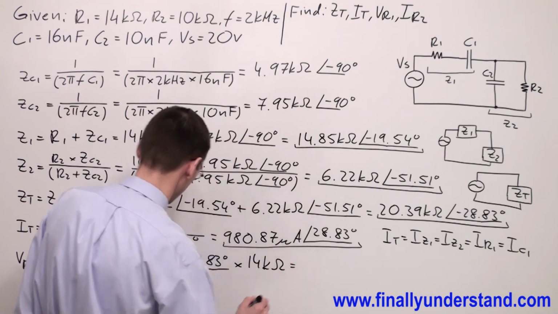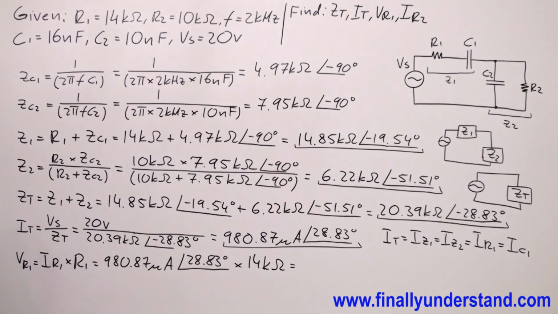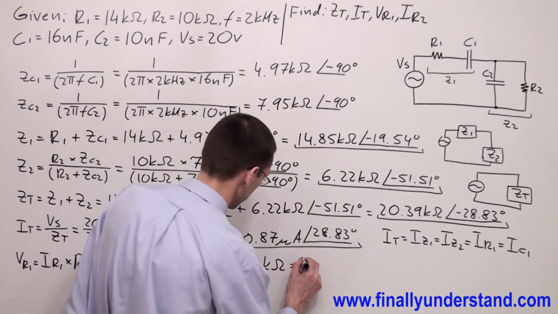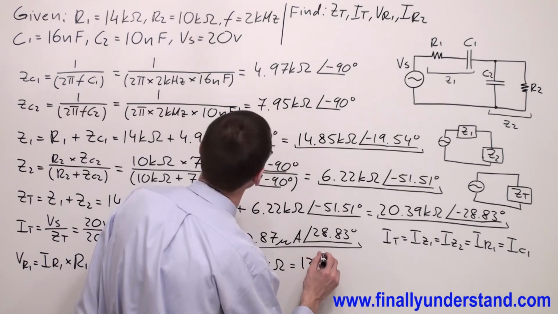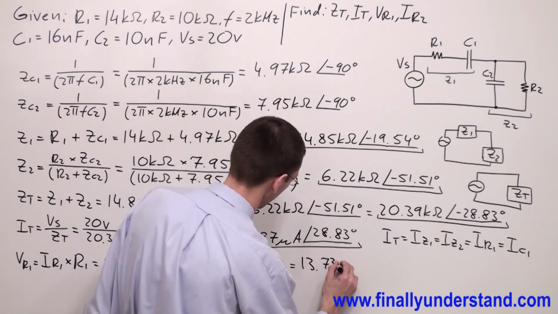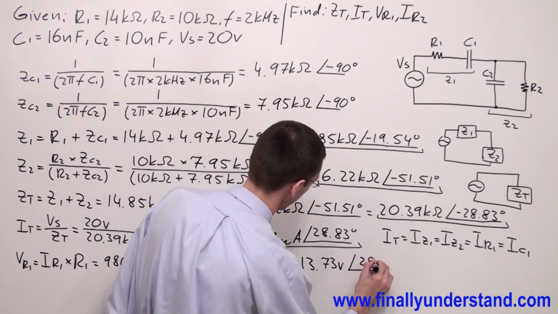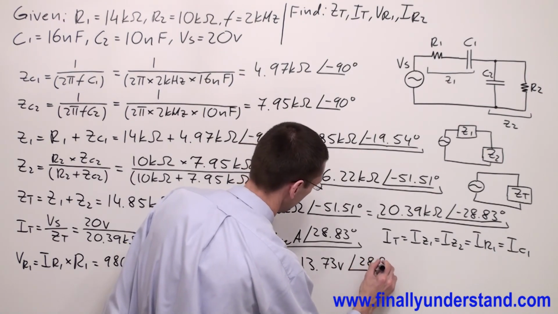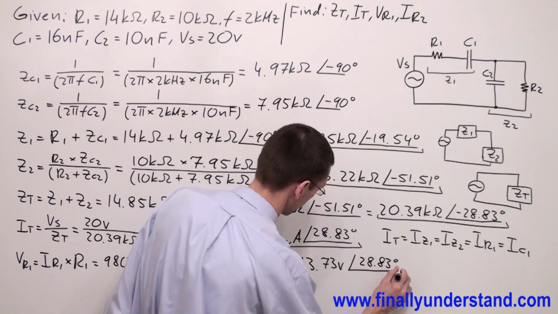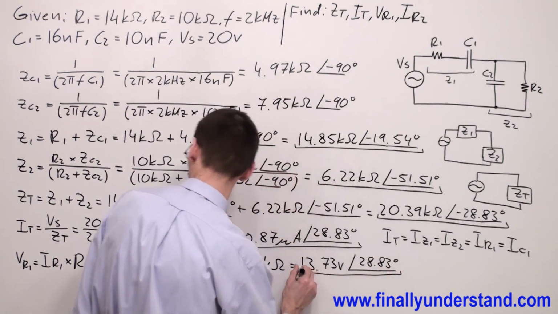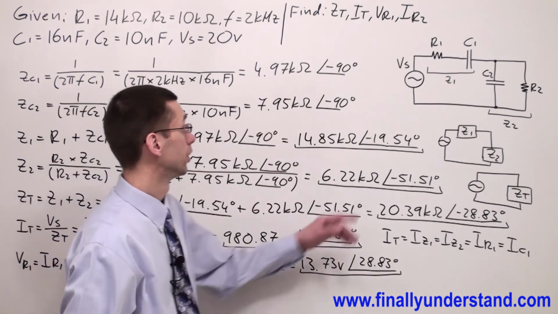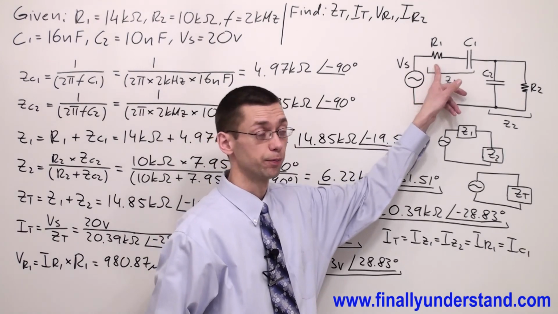Okay, use the calculator. You're supposed to get the value 13.73 volts and angle of 28.83 degrees. Okay, so this is the voltage across resistor R1.